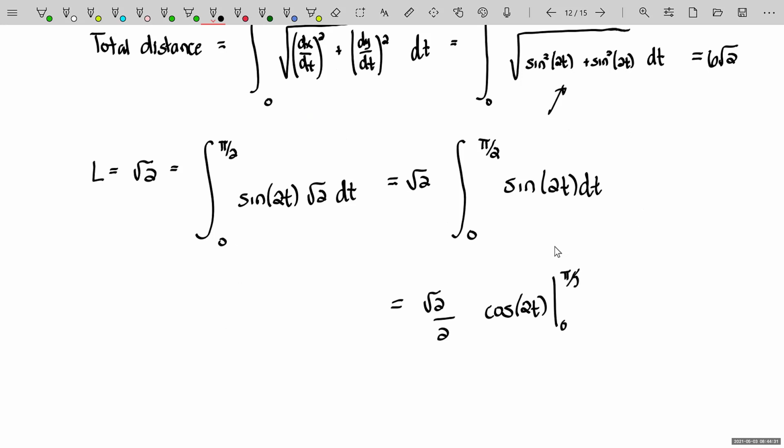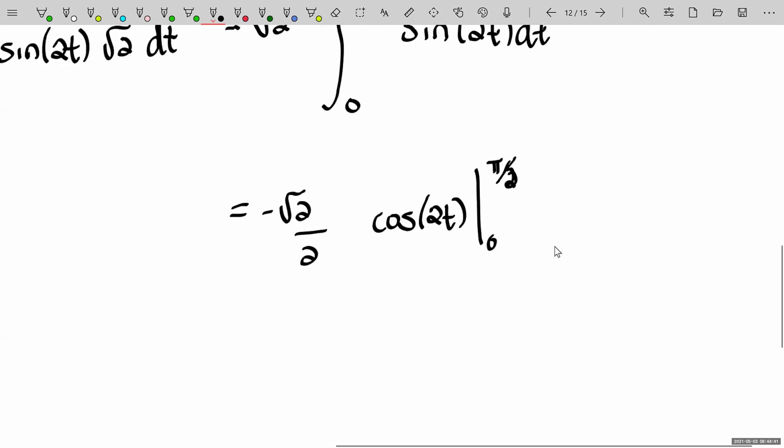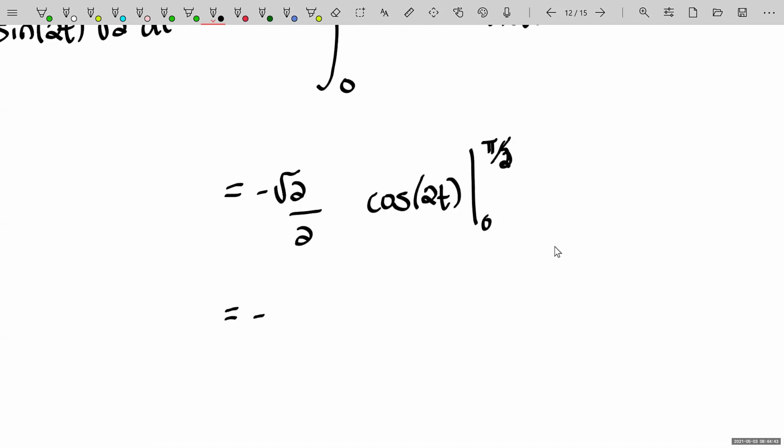And that's supposed to be a negative. But I'm going to pull that negative out front, actually, just because I want to. There we go. So you get a negative root 2 over 2. I'll leave it like that for the moment.